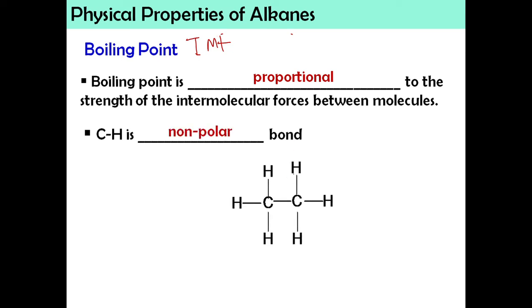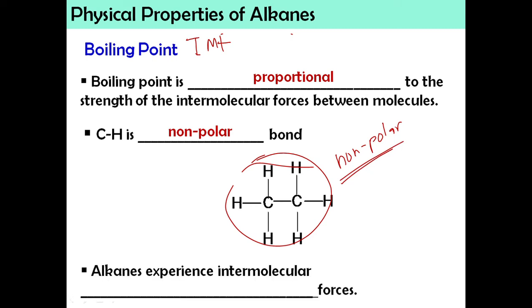So all of these are non-polar. This compound, okay, alkanes are non-polar compounds. So if it is non-polar, what is the intermolecular force that exists? Van der Waals force. Okay, more accurate, London dispersion. But you do not need to mention London. It is enough to say it has Van der Waals force.